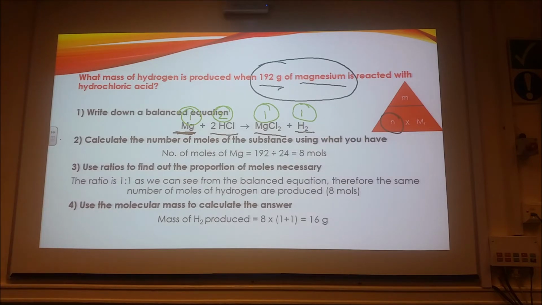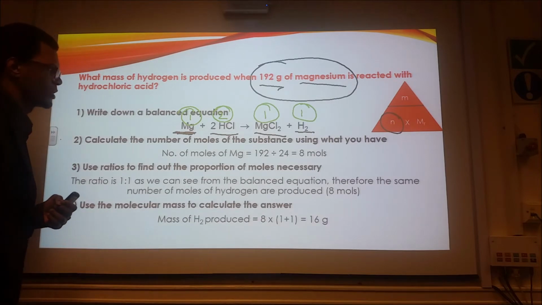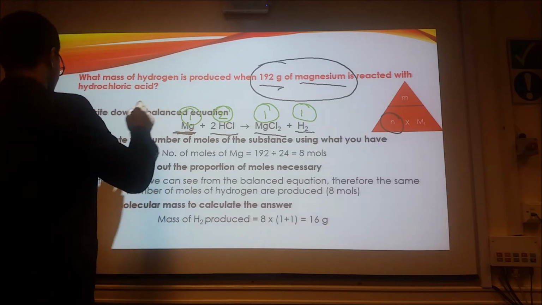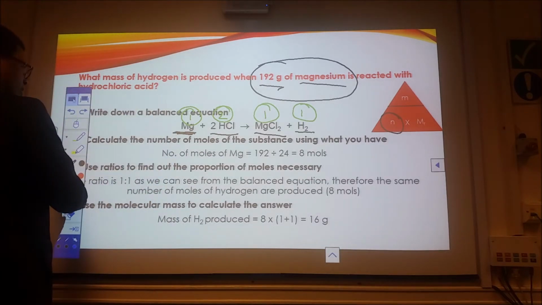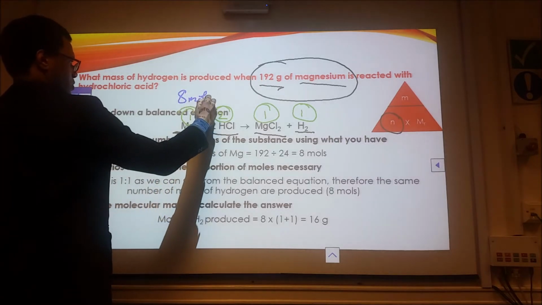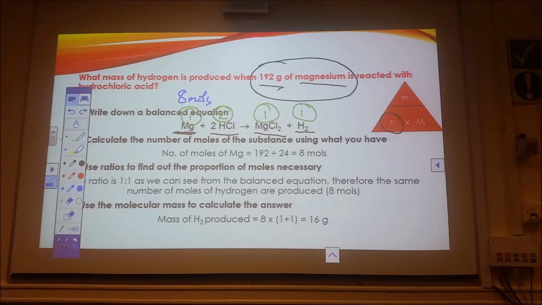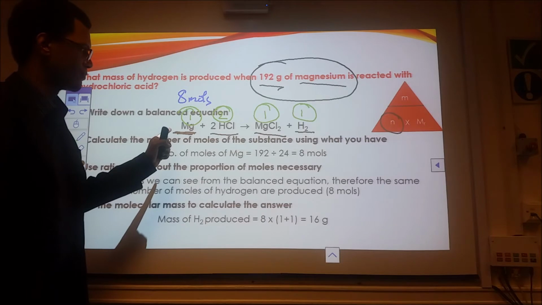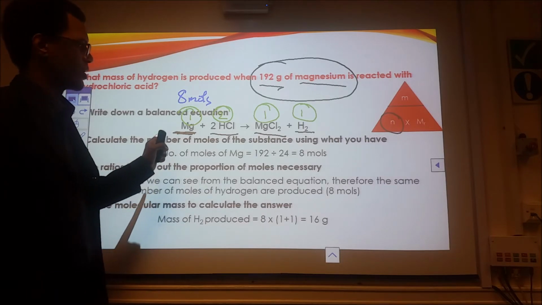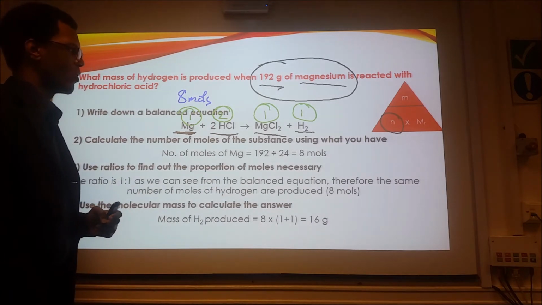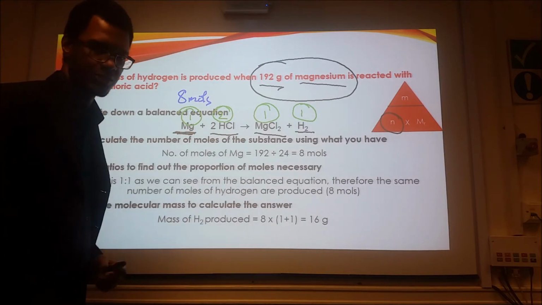So what are we trying to calculate here? We're trying to calculate the mass of the hydrogen. We are told that we have 8 moles of magnesium. Now, if we had 1 mole of magnesium, we'd need to react it with twice as many moles of hydrochloric acid for this reaction to proceed.